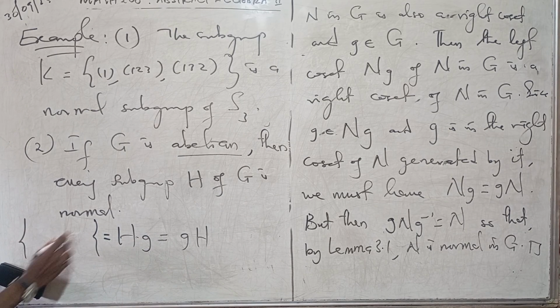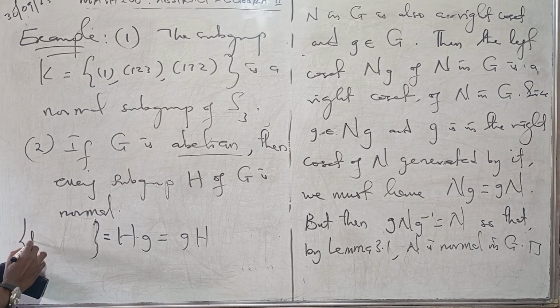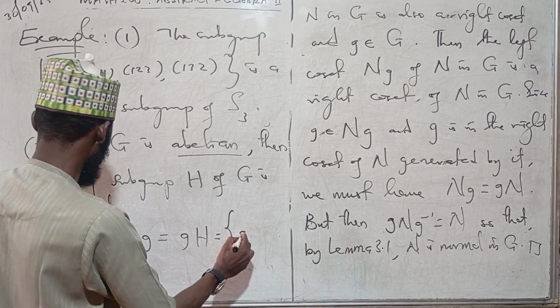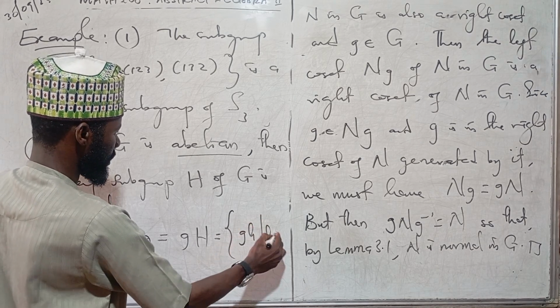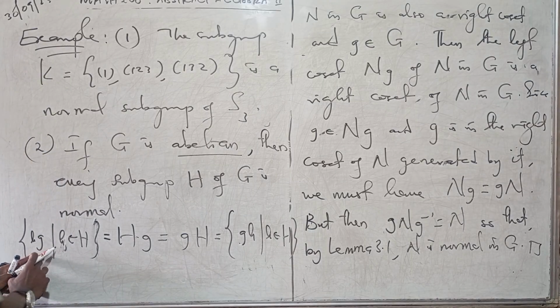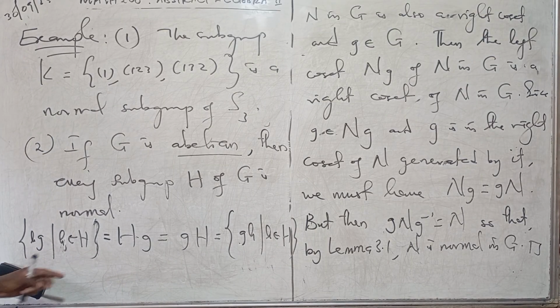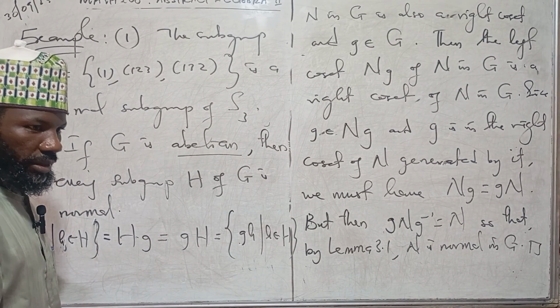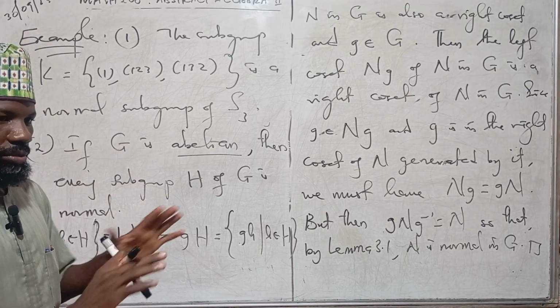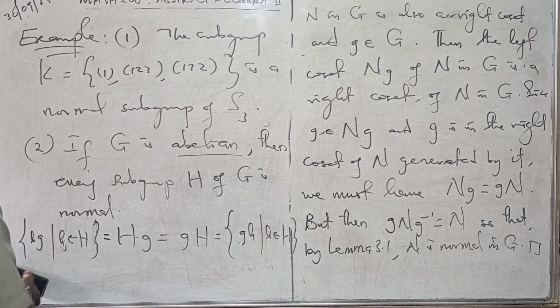This is the set of all HG such that H is in H, and this will be the set of all GH such that H is in H. But then GH equals HG for a normal subgroup. So these things are the same. So every subgroup of an abelian group is always normal. Are you following?